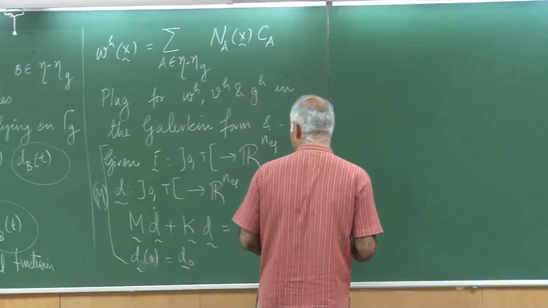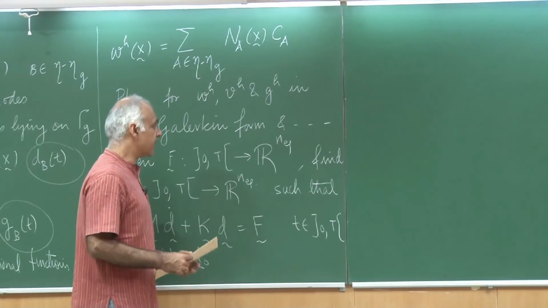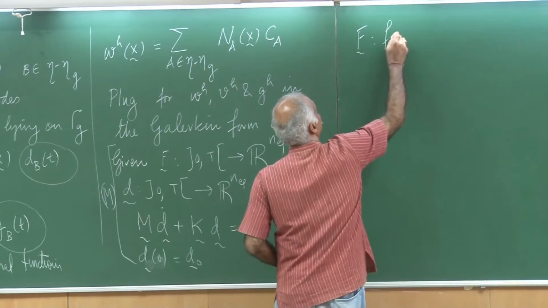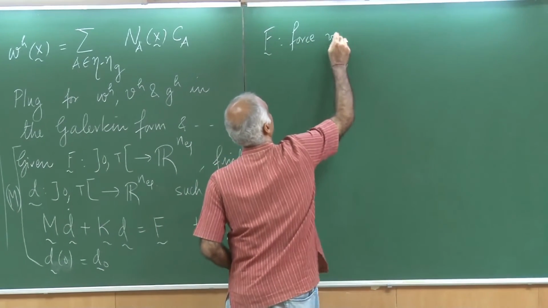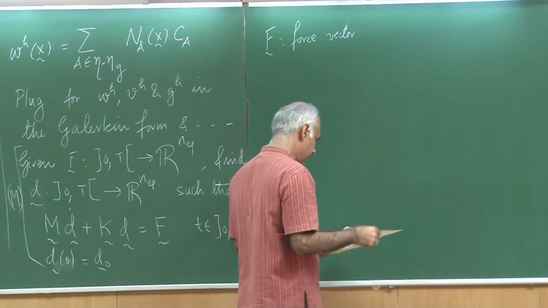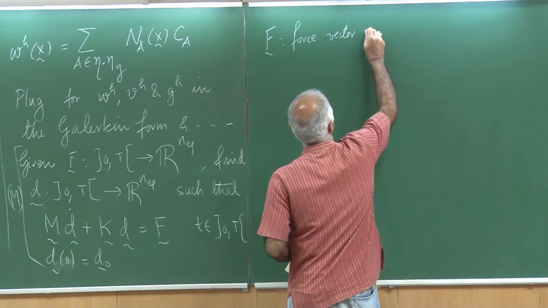Let us talk a little bit about these matrices M, K and the vector F. F, of course, as we know, is the force vector, and this can be obtained by the assembly.